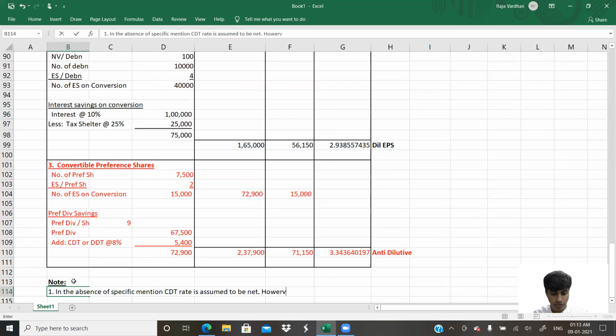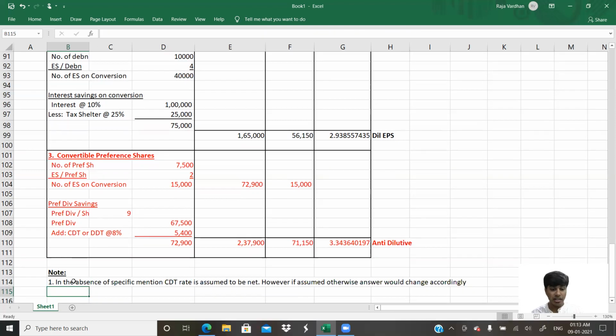However, if assumed otherwise, answer would change accordingly. Because it is net, I've taken 8 divided by 100. If not, I would have taken 8 by 92.